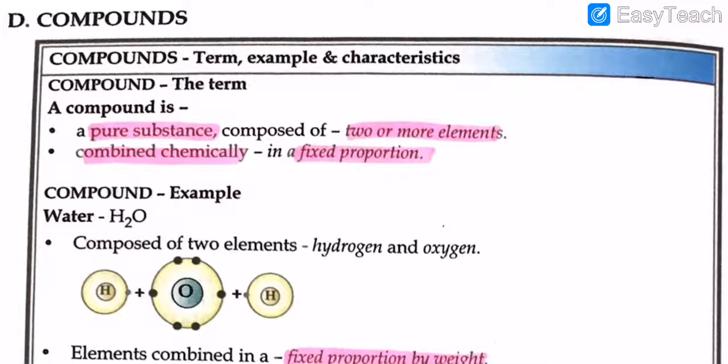Components in a compound do not retain their original properties. In water, the most basic example, oxygen is needed for any fire to burn, because oxygen supports combustion. But water is used as a fire extinguisher because water puts out fire.